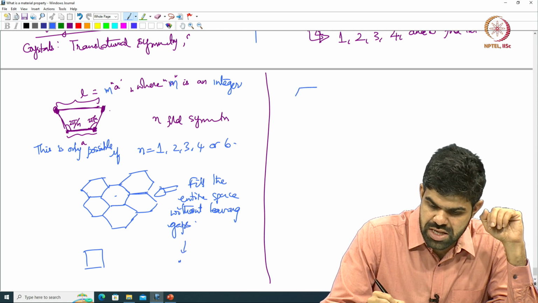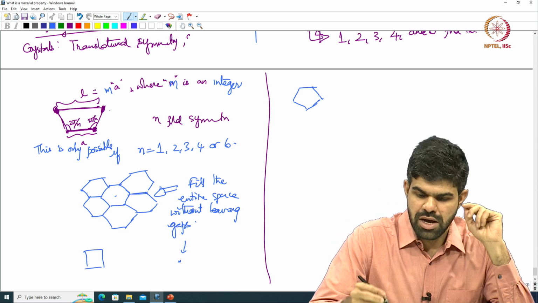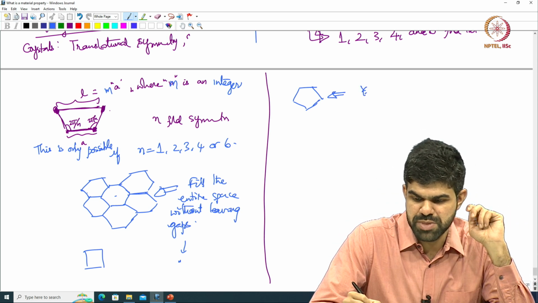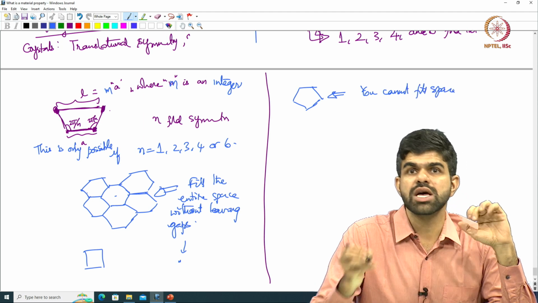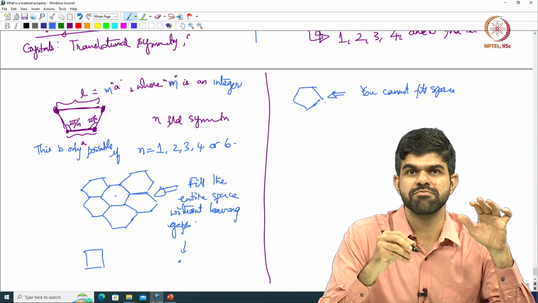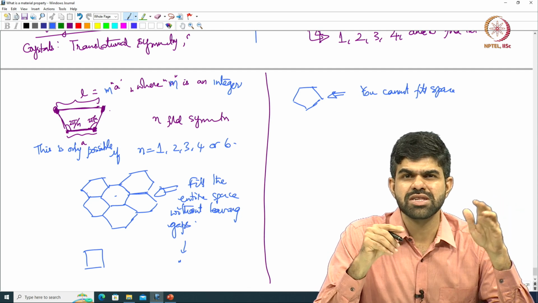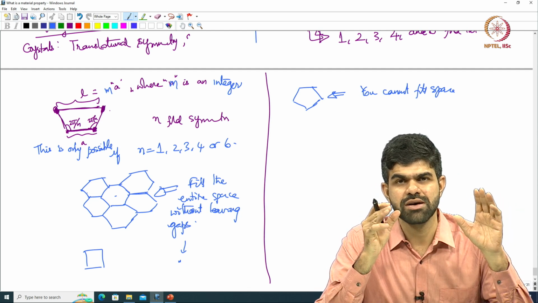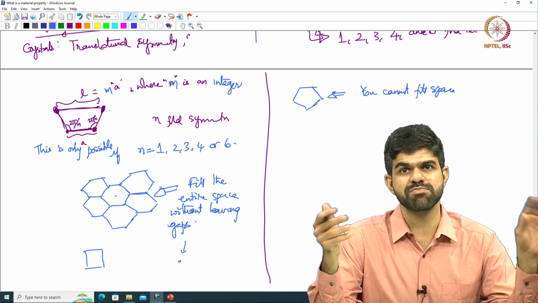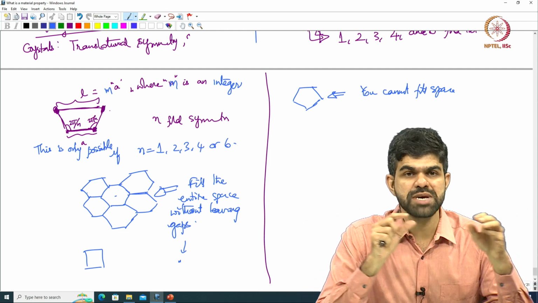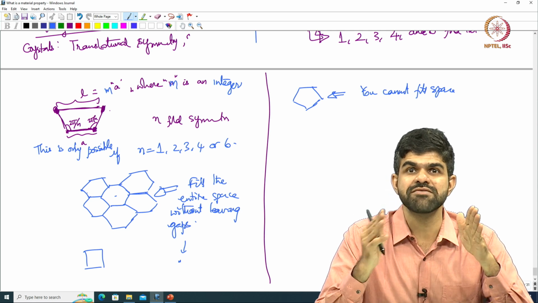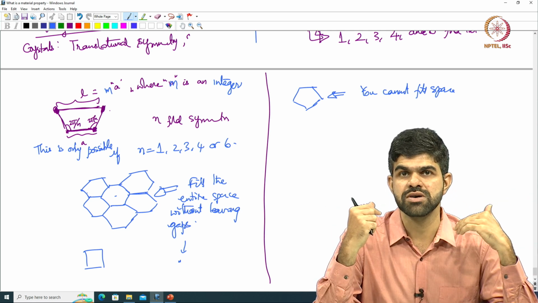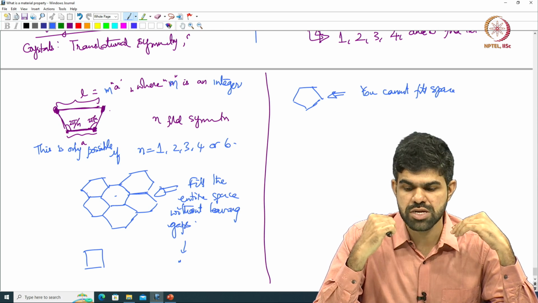But if you have pentagons, right, you cannot fill space without having some triangles, or you have to make use of some triangles in between to fill space, right. So you cannot fill complete space just with these pentagonal tiles. In between there are some gaps that are left, and those gaps need to be filled with other sorts of polygons, which is not a pentagon.